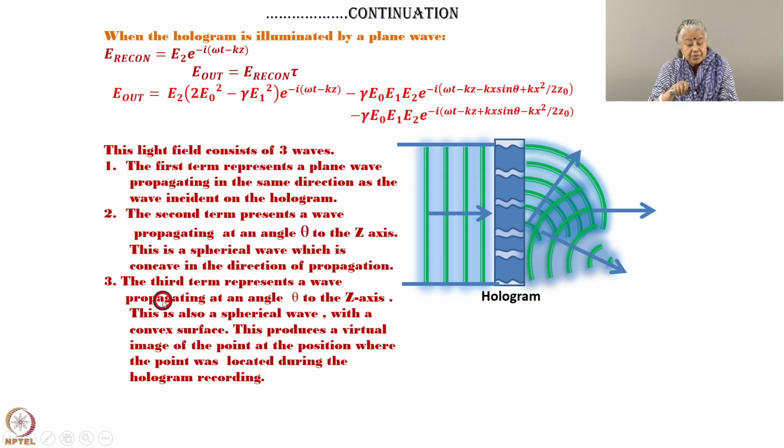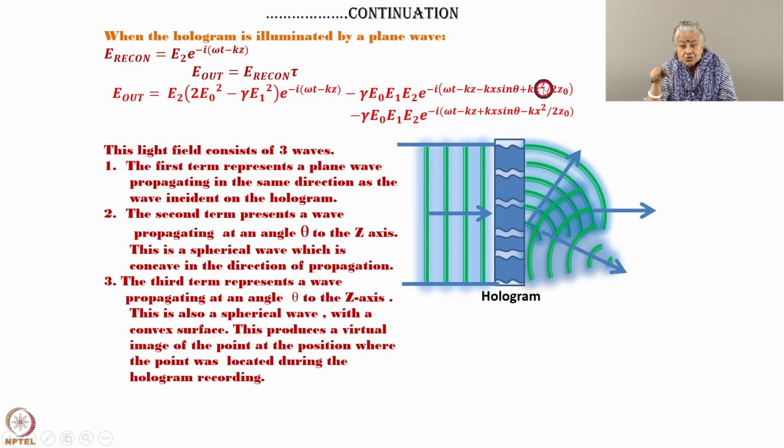The second term represents a wave propagating at an angle theta to the z axis, which is given by this term, sin theta. This is a spherical wave which is concave in the direction of propagation.